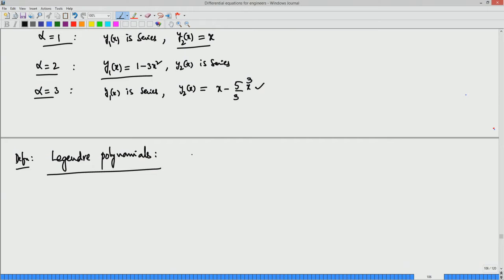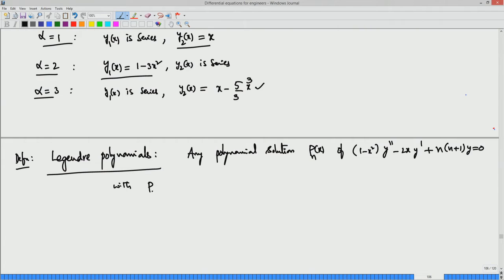You consider any polynomial solution p_n of x, for alpha equal to n, of the equation 1 minus x square y double dash minus 2xy dash plus n into n plus 1 y equal to 0, with p_n of 1 equal to 1.